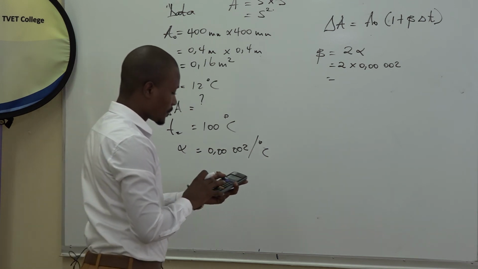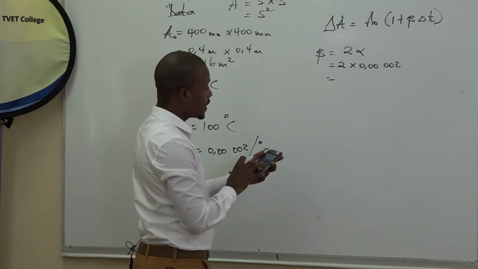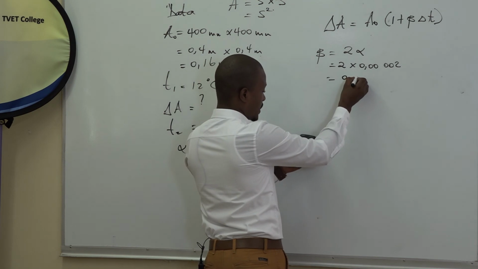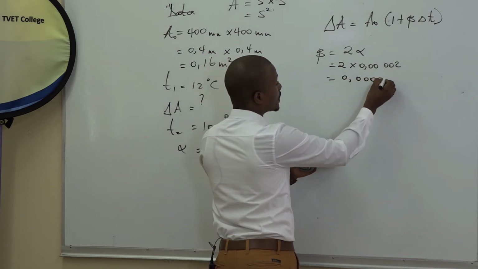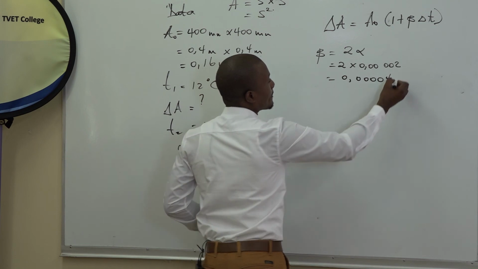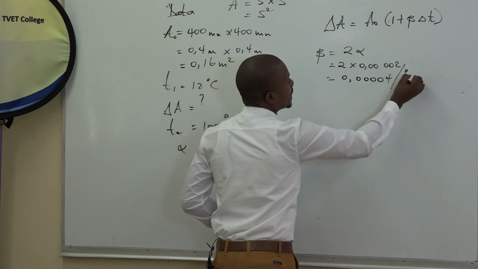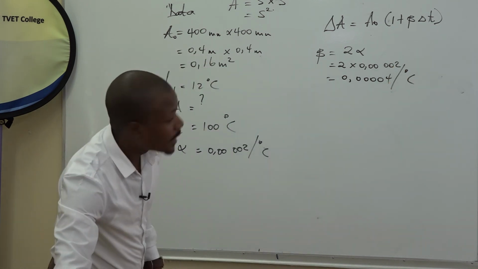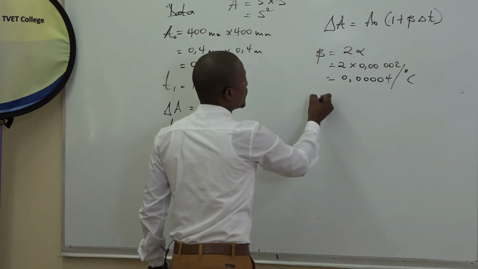This will be 0.00004 per degree Celsius.